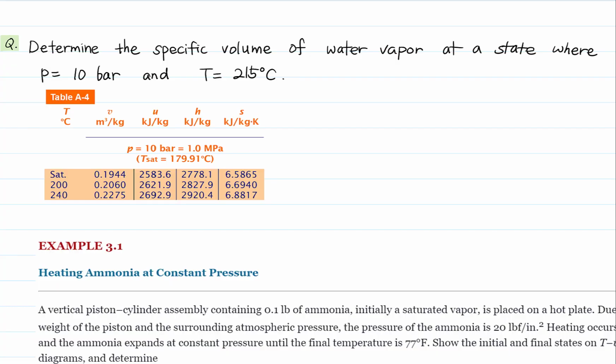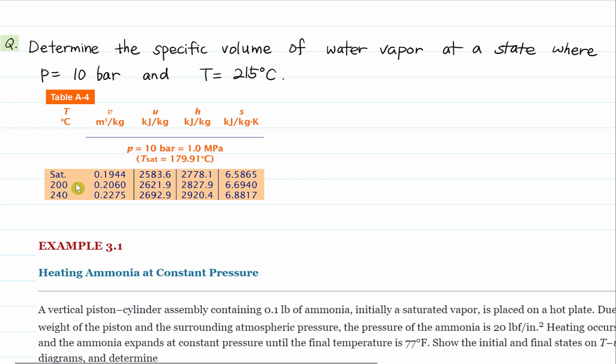Determine the specific volume of water vapor at a state where pressure is 10 bar and temperature 215 degrees Celsius. So here is table 8.4, and at pressure 10 bar or 1 megapascal, temperature 215 degrees Celsius.